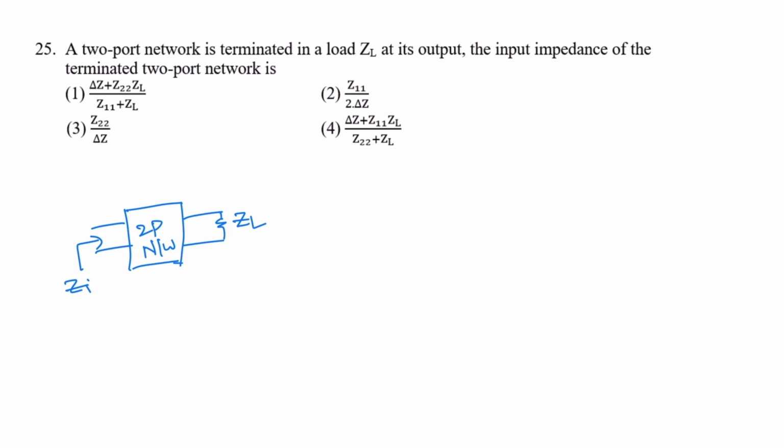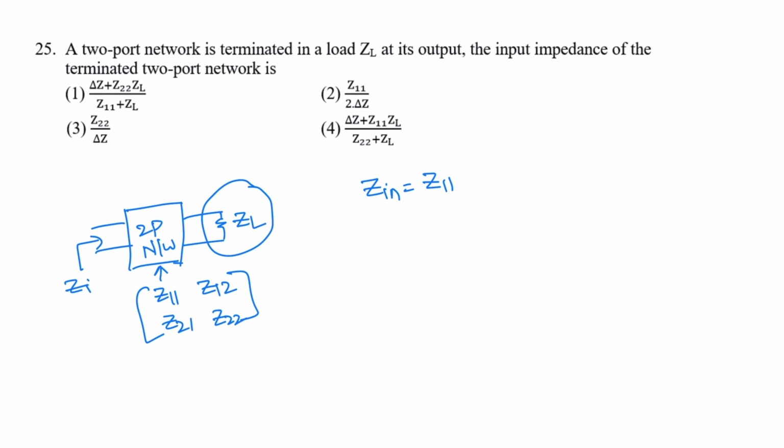The input impedance of a two-port network terminated with load ZL in terms of Z parameters: this two-port network has Z parameters Z11, Z12, Z21 and Z22. Now this two-port network is terminated by load impedance ZL, and they asked to calculate the input impedance Zin.